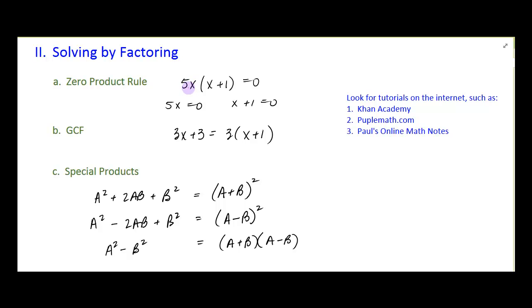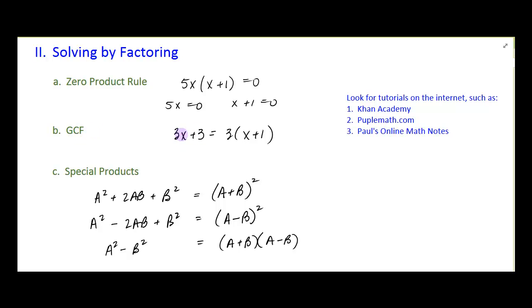Anytime I can take a function or an equation and separate it into the product of its factors set equal to 0, then I can take each of those factors, set them individually equal to 0, and solve. And that's kind of what we do when we factor. Another thing to look out for when I'm factoring is to factor out a GCF, or the greatest common factor.